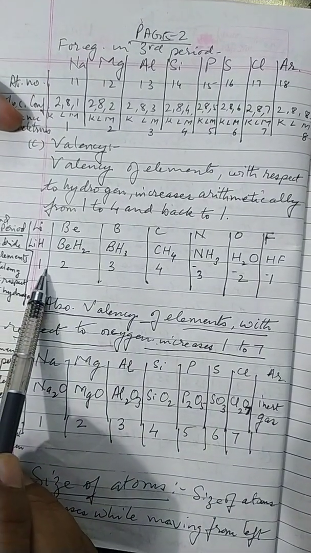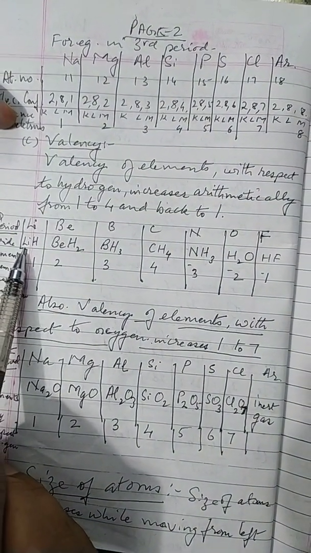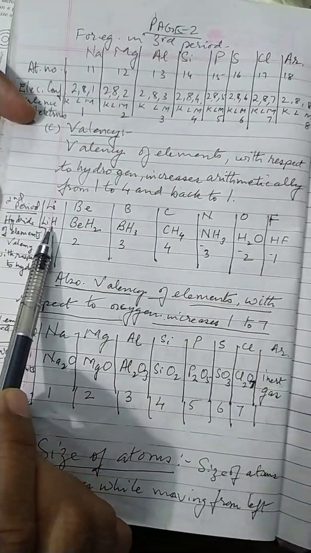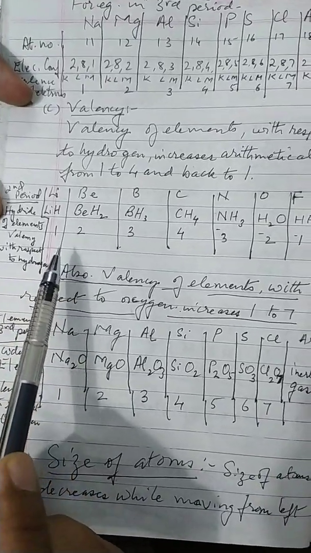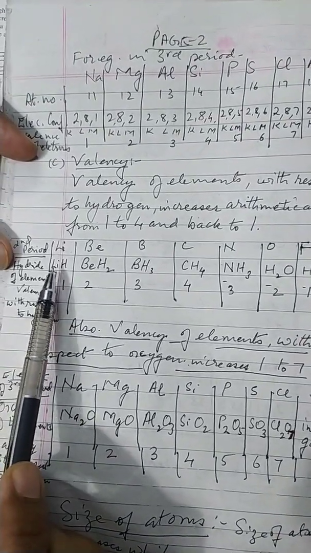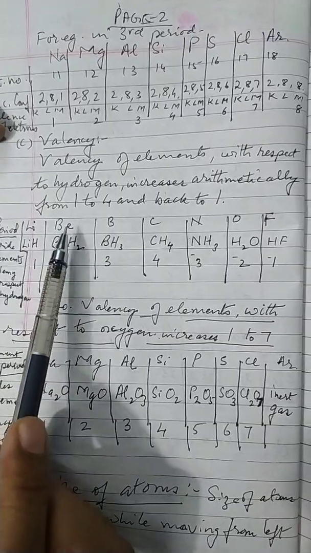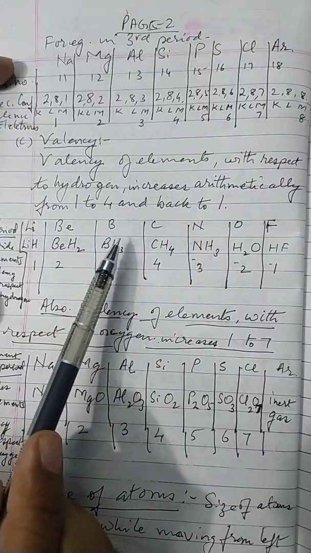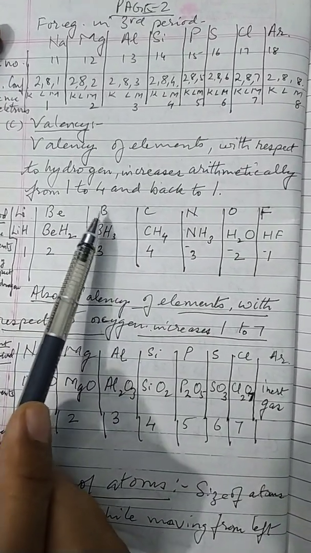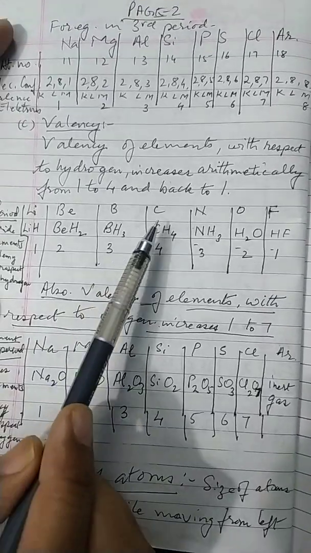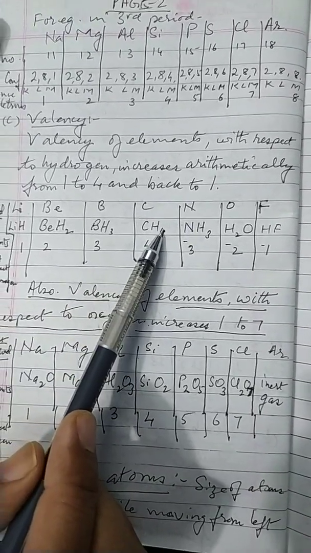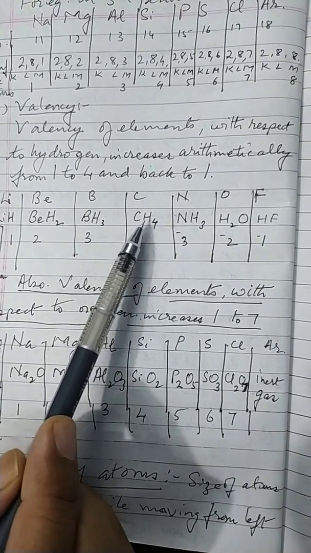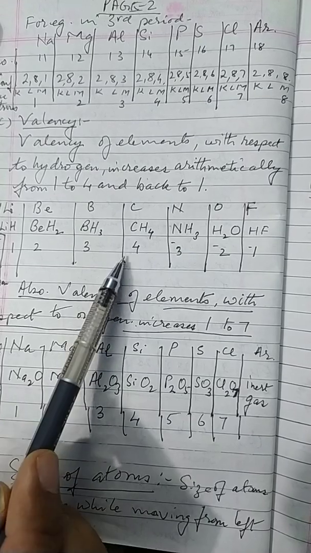Lithium in period number 2 combines with hydrogen to make lithium hydride, and the valency of lithium is 1. Beryllium makes beryllium hydride, valency is 2. Boron makes boron hydride, valency is 3. Carbon makes carbon tetrahydride, or methane, and the valency is 4.